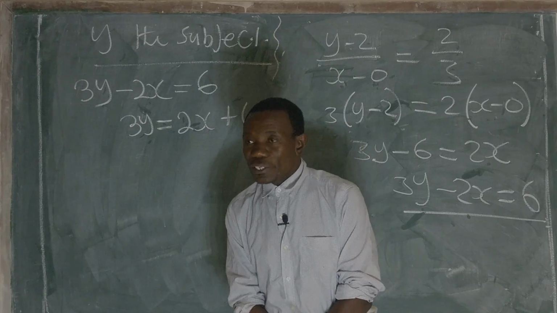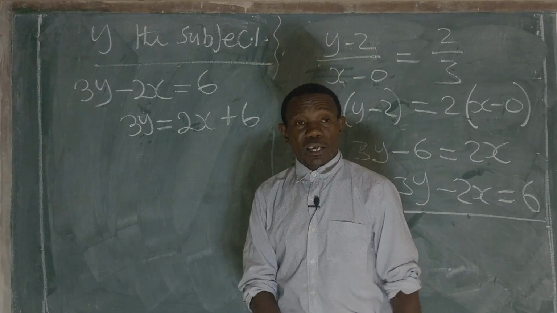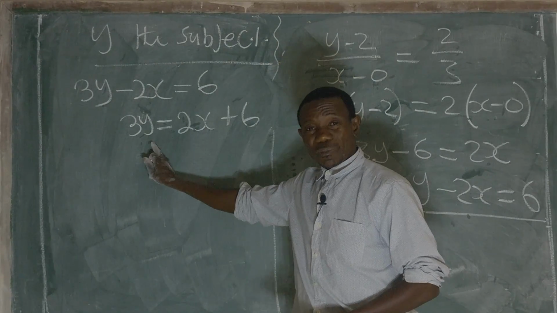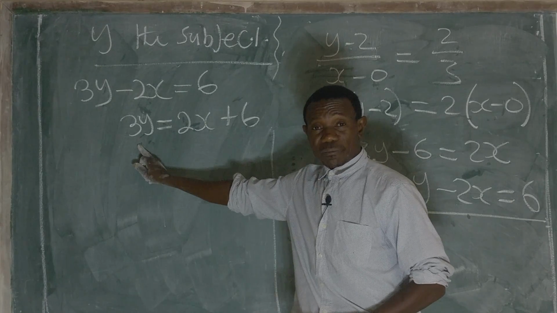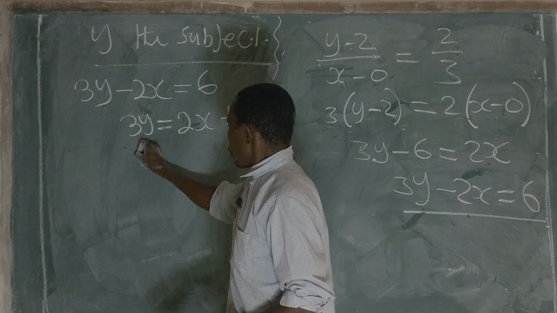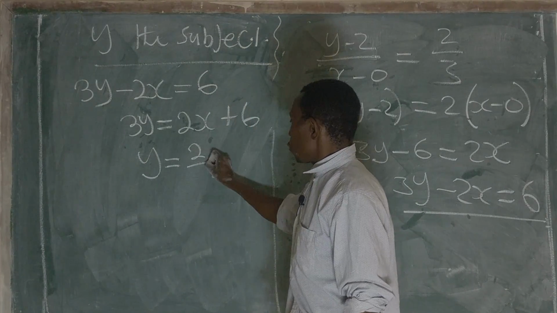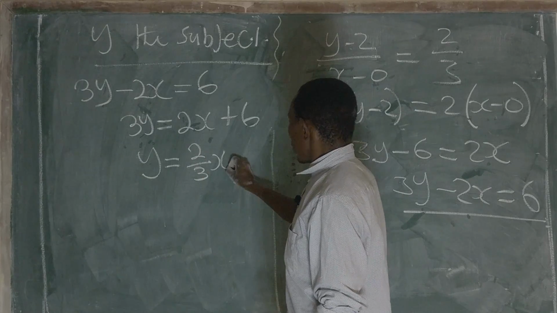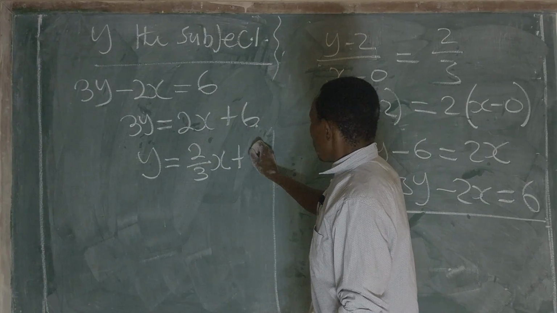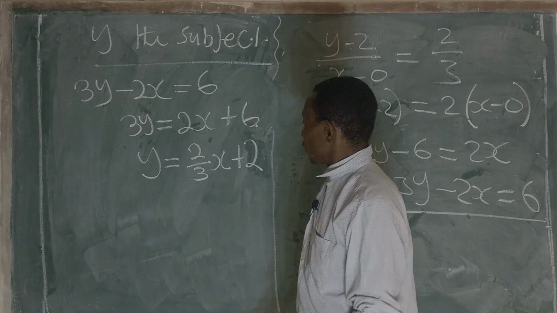To make y the subject, what do we do? We have to divide every term by the coefficient of y, which in this case is 3. So when I divide this one by 3, I have y. This one divided by 3, I've got 2 over 3x. This one divided by 3, I'll get what? I'll obtain a 2 as such.